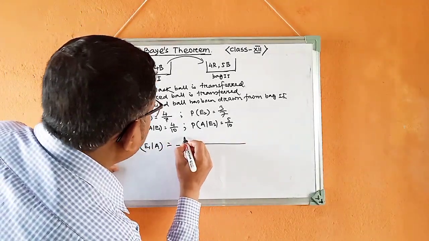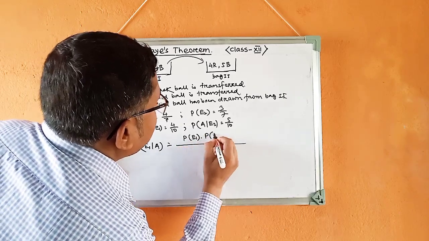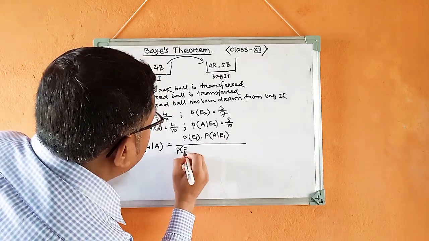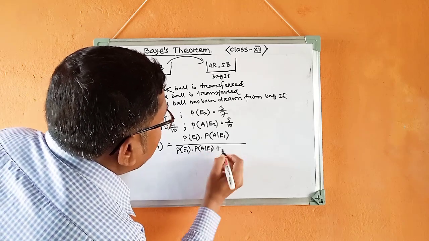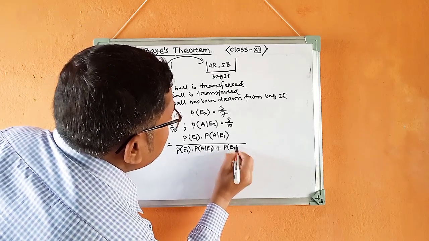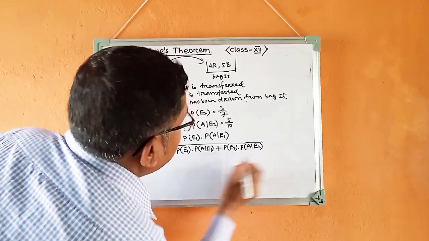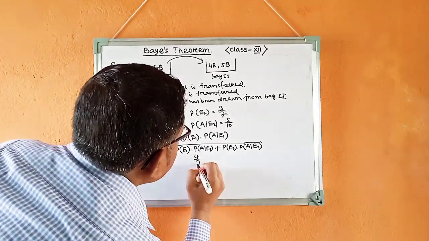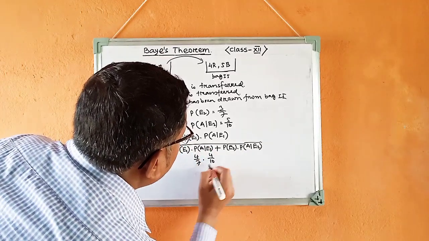See the formula: P(E1) into P(A/E1) divided by P(E1) into P(A/E1) plus P(E2) into P(A/E2). Clear? Now put all the values. P(E1) is 4/7 into P(A/E1), that is 4/10.